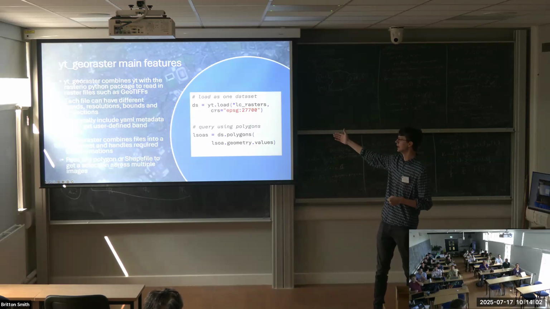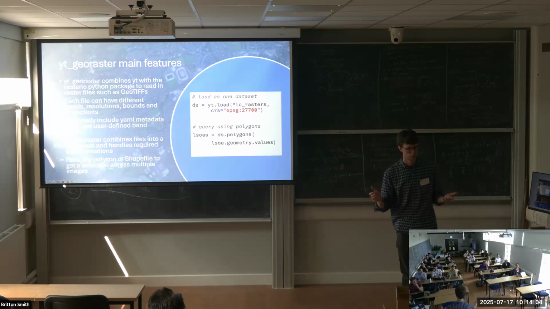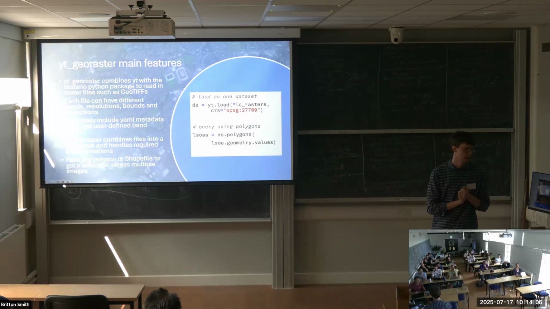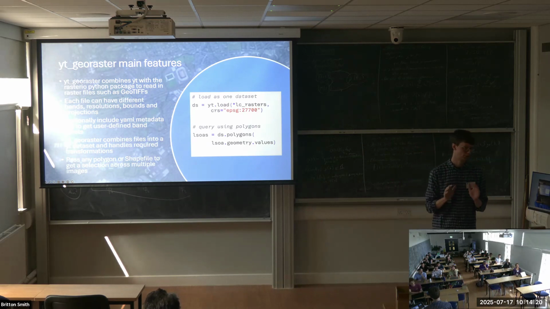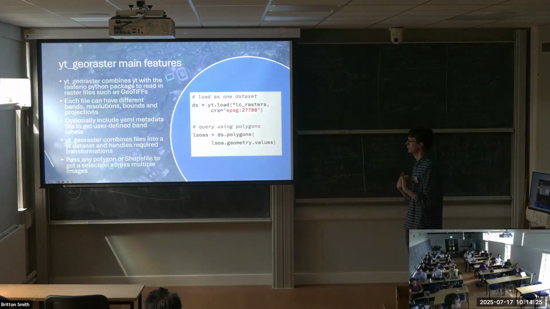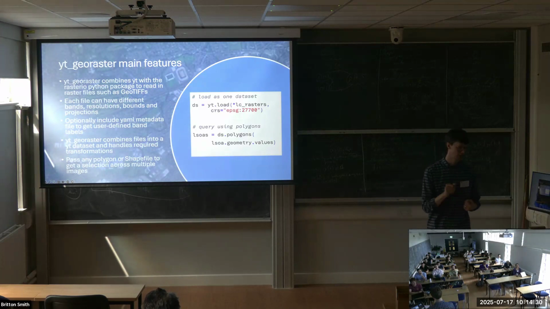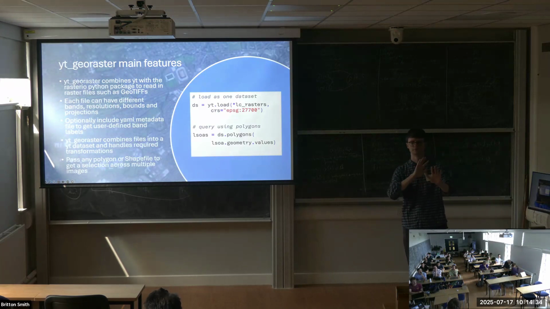But I can just say, I want to work in the British National Grid, for example, and then using that, I'm able to load the data into YT. At the point of making a selection, YT is then performing all the transformations, all the selection for me on the fly, and I don't have to do anything beyond saying, here is my selection, and it will worry about making sure all the rasters that I've passed at it line up.